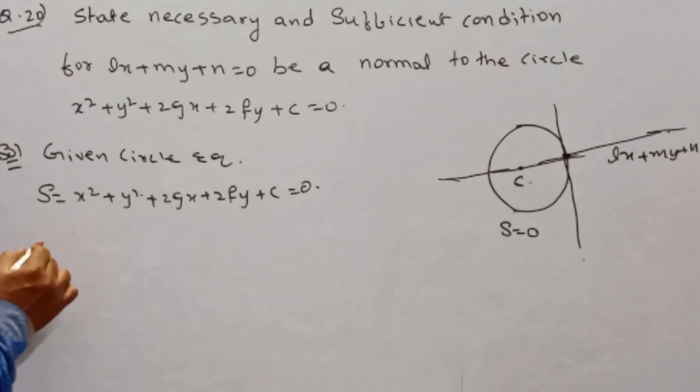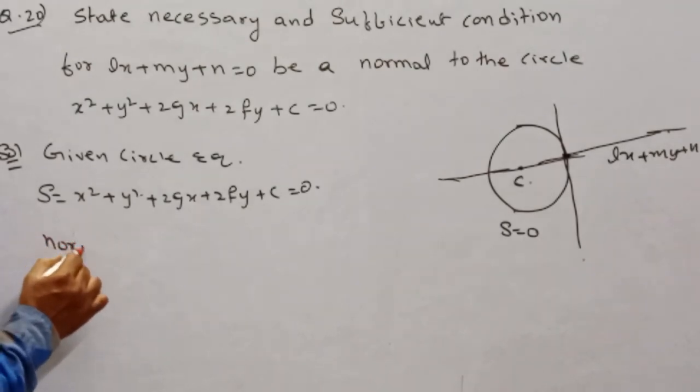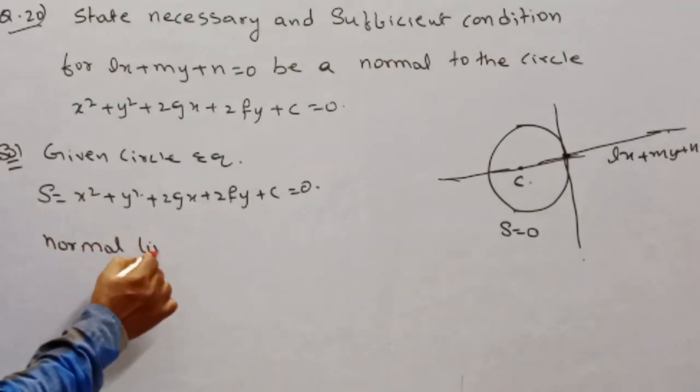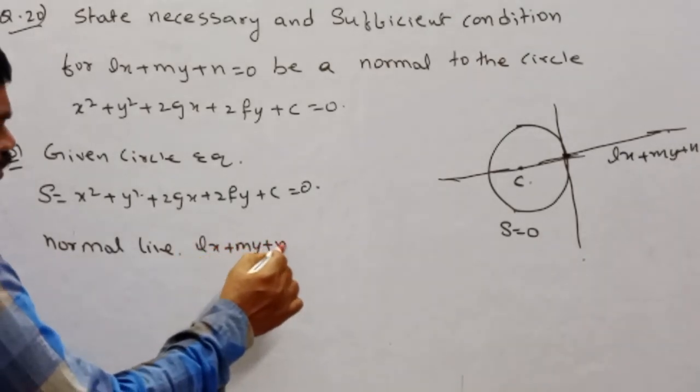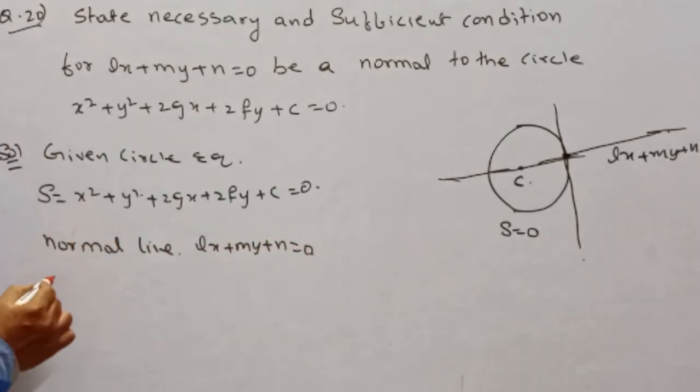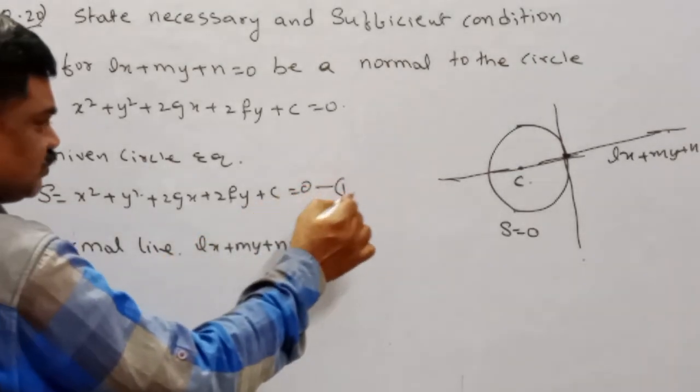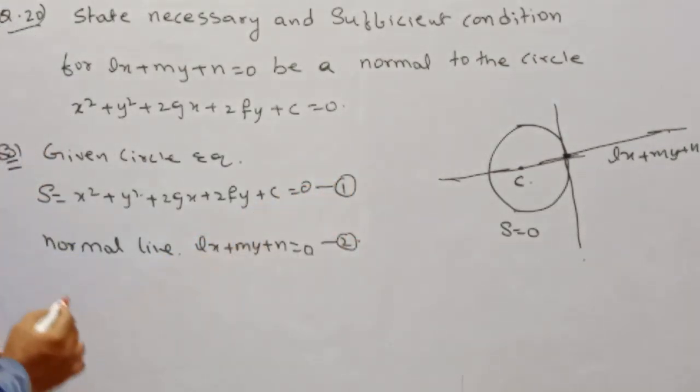And the normal line is Lx + My + n = 0. This is equation 1 and this is equation 2.